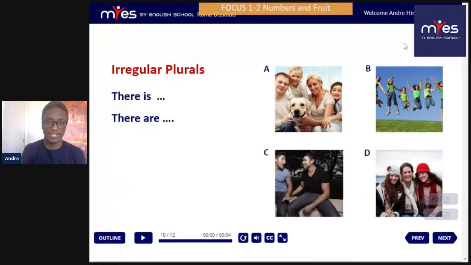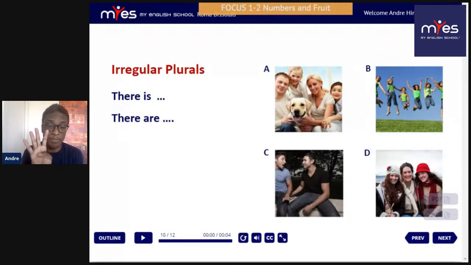Cool. So let's look at these pictures and determine if it's singular or plural. But remember, in this case, it's irregular. So let's look at picture A. We've got how many people? So there are one, two, three, four people.